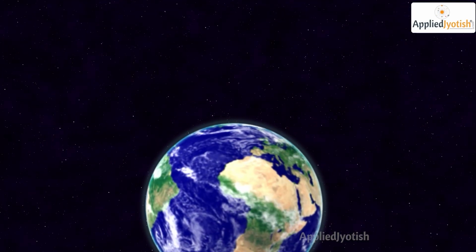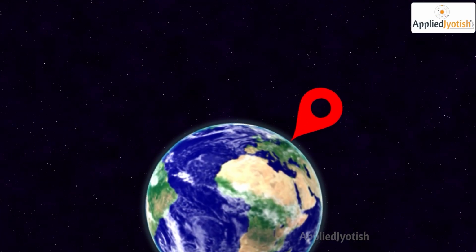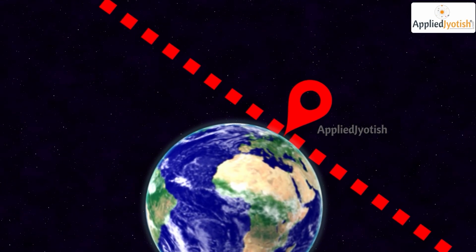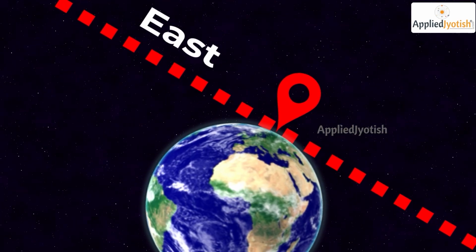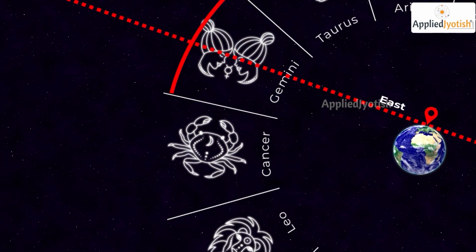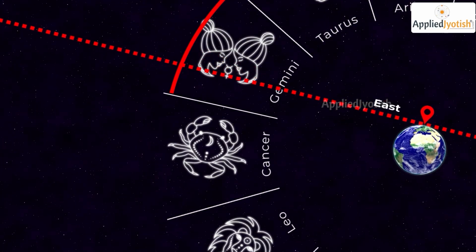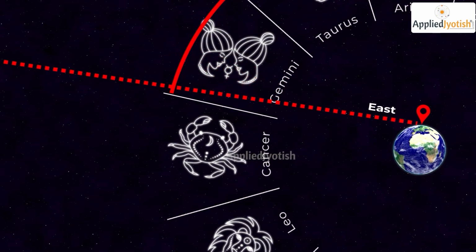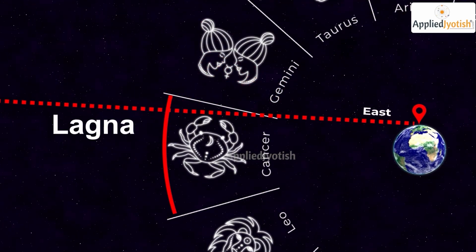Now, if we draw a straight line from the eastern horizon to the western horizon at a specific location on the earth, the zodiac sign that this line intersects at the eastern horizon is the Lagna or rising sign for that place and time.